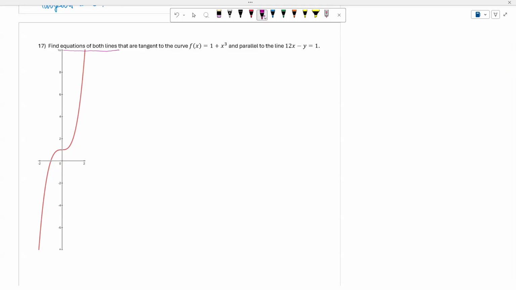Let's see how we actually work it out. First, maybe let us try to sketch this straight line and see if we can get any information from it.